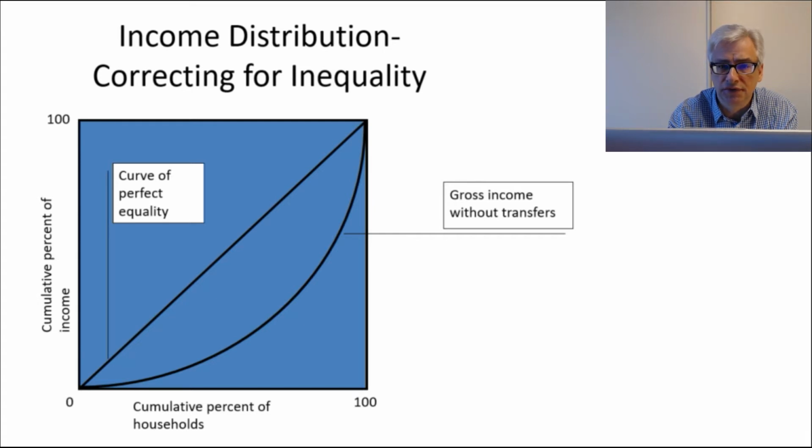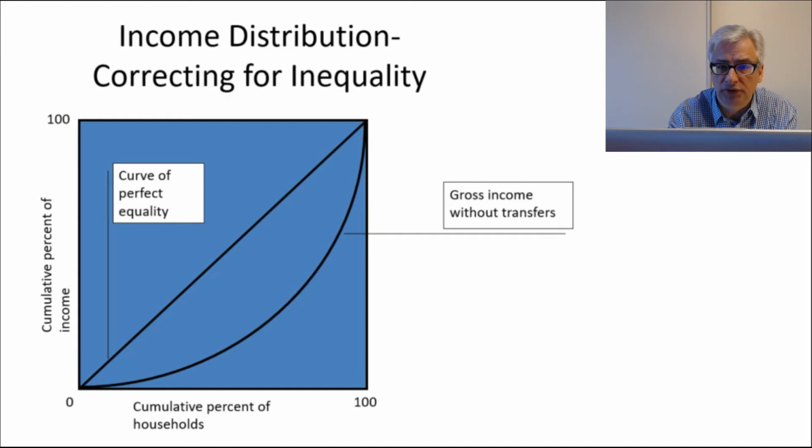Therefore, the differences in the net income are smaller than differences in gross income. So that is one step towards greater equality in income distribution.